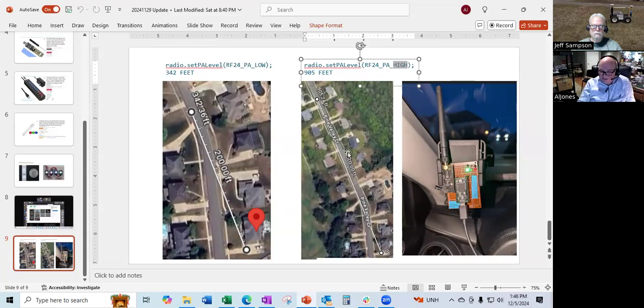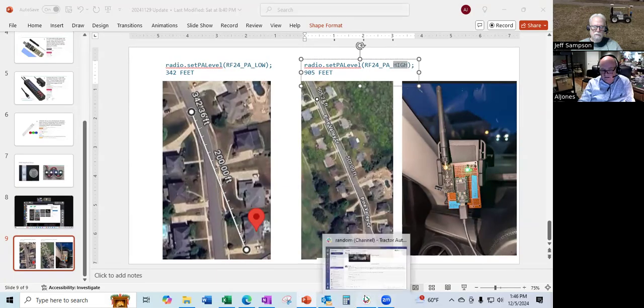A subdivision is probably a reasonably noisy environment, but I got 900 feet, and these LEDs in the program were set to blink different colors based on whether it had connectivity or the speed at which acknowledgements were coming back. So that's just a little bit of the test that I did.